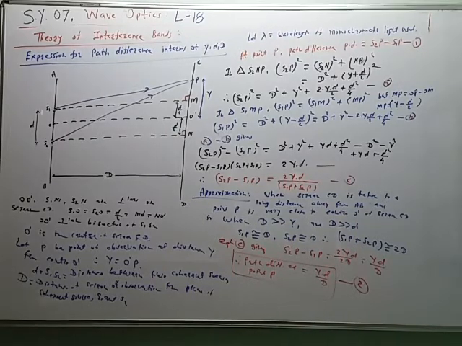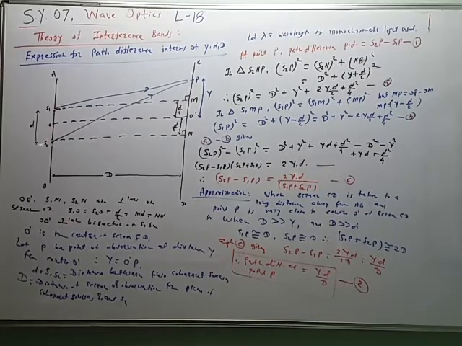Now we use geometry between the two screens AB and CD. We have drawn three perpendiculars OO dash, S1M and S2N. OO dash is the perpendicular bisector of S1S2.